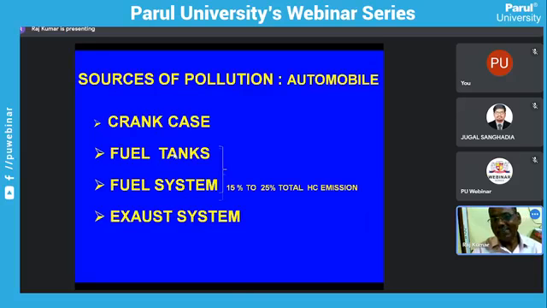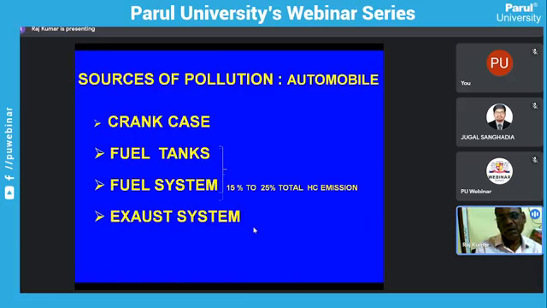Now the technical question: what are the sources of pollution? From where does the pollution take place in our automobile vehicles? The pollution takes place from the crankcase, the fuel tank, the fuel system, and lastly the exhaust system.